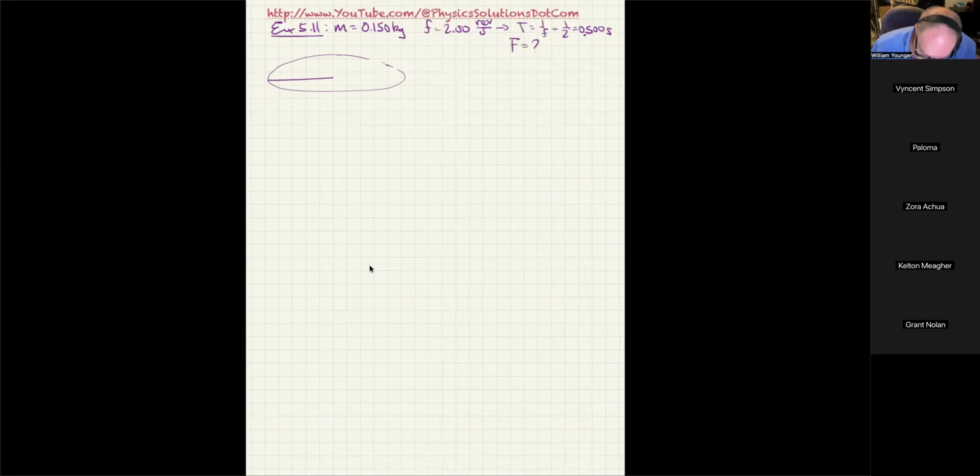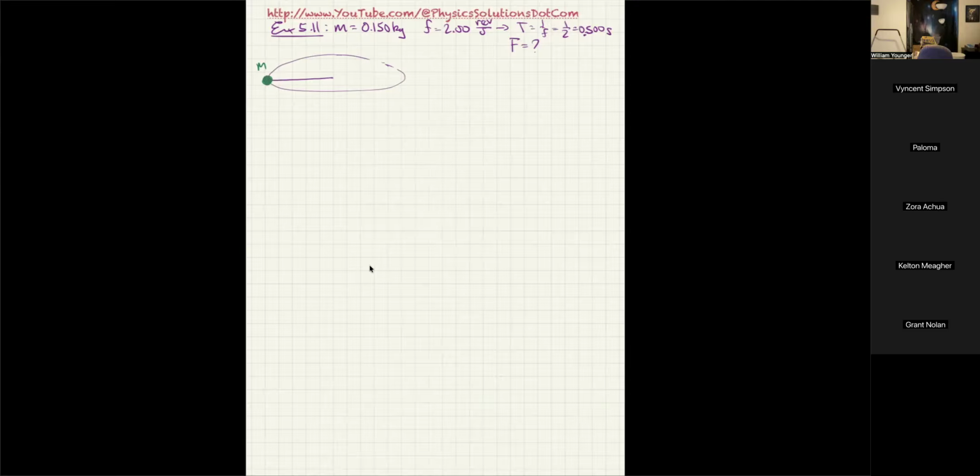F equals question mark. So what we're looking at here is the ball of mass m, and the force that has to work here has to point towards the center. So I'm going to say that that is the positive direction. I'm going to use Newton's second law radially.